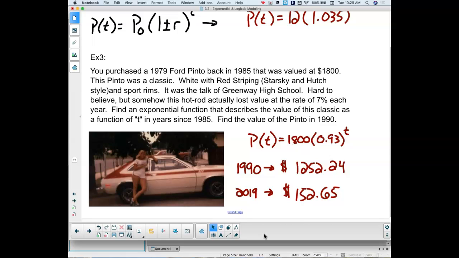You could do number 4. Yes. You could do number 5. What about number 3?